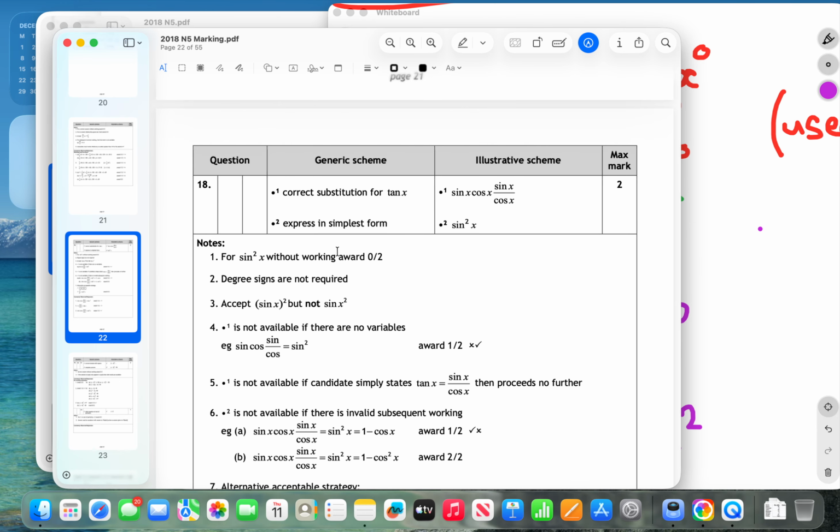The reason for this is because you need to show your knowledge of trig identities, but if you show no working, you won't be able to let the marker know that you know these identities. That's what they're evaluating, is that you know that sine x over cos x equals tan x. And it also stops people randomly guessing the answer. Like if you have to show your steps, you can't just make up an answer.